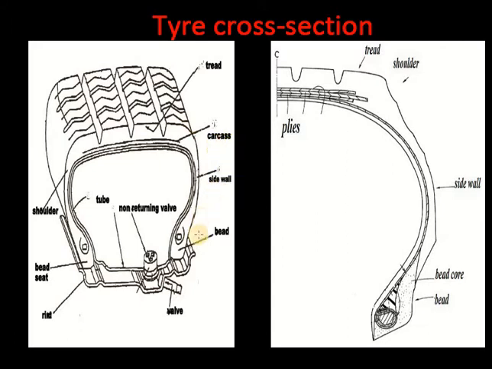Carcass, sidewalls, and the bead are shown. In the cross section overview, we can see the bead and the bead cover inside the wheel rim, and these are the sidewalls. This shows the shoulder, and the top portion that comes in contact with the road is the tread.